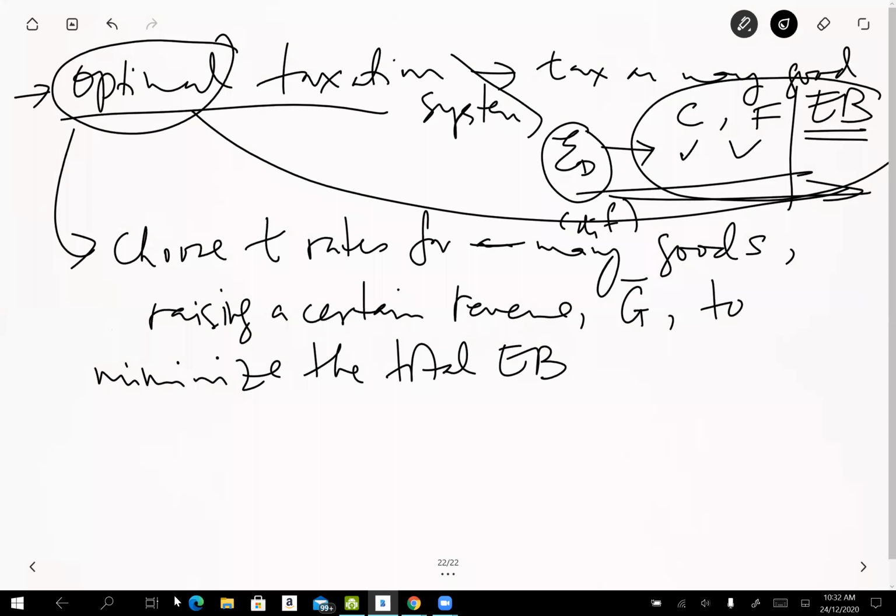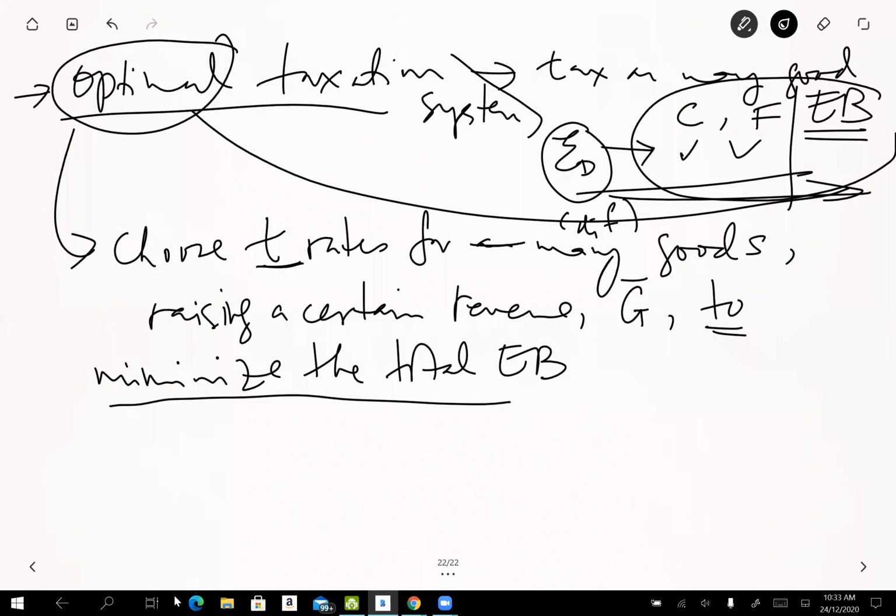So this is the objective. The objective is to minimize the excess burden, and by doing that, we have to choose different tax rates for different goods, given you want to raise a certain amount of revenue.